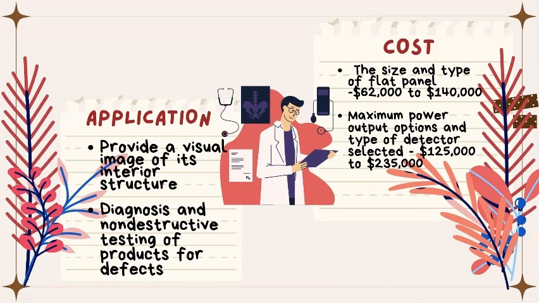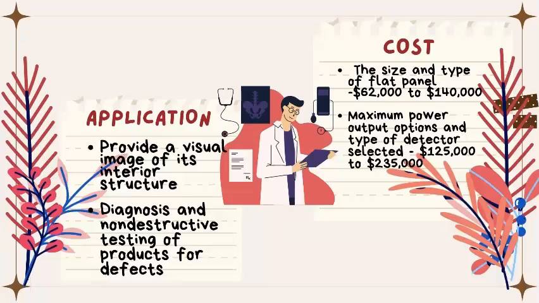The application of X-ray is to provide a visual image of an interior structure. The second one is diagnosis and non-destructive testing of products for defects. The cost of X-ray depends on the size and type of flat panel. It can cost between $62,000 USD to $140,000 USD.